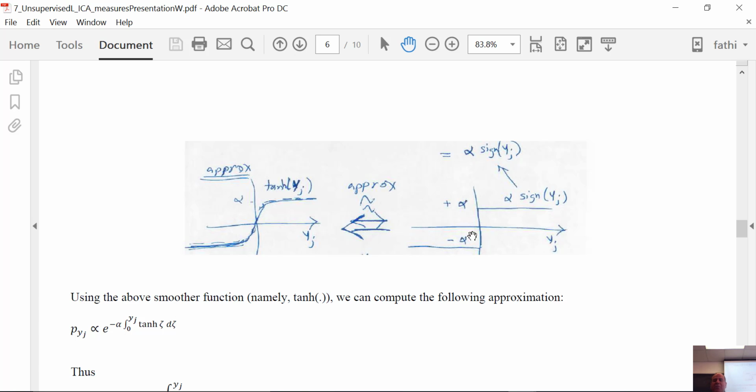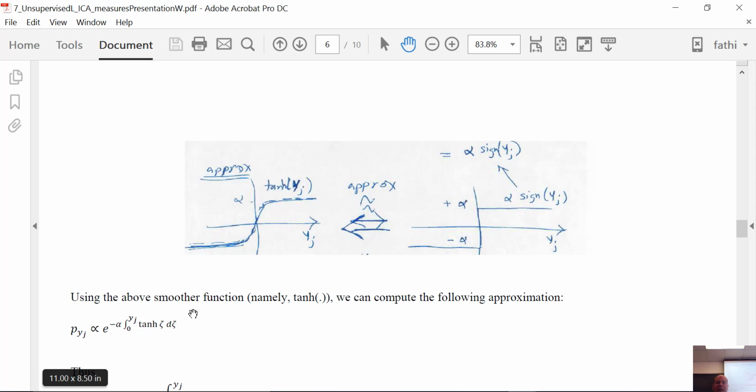To avoid this jump, you want to approximate it, as is done in practice, by something smoother. One choice would be using the hyperbolic tangent nonlinearity, and you'll notice the hyperbolic tangent shows up in many of these neuron nonlinearities. So the derivative could be approximated by a smoother thing to avoid any instabilities or getting stuck.